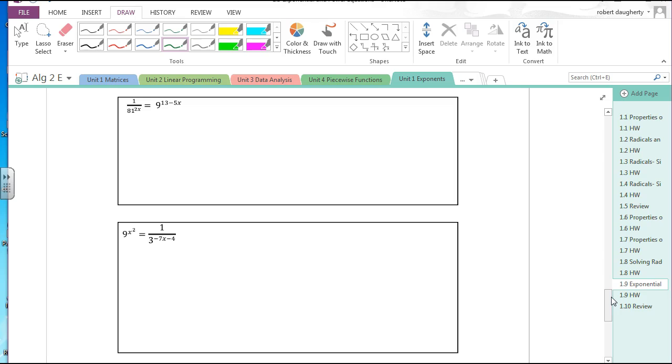Which one do you think I'm going to do? Powers of 9. So I'm going to write this as 1 over 9 squared to the 2x is equal to 9 to the 13 minus 5x. So this is 1 over 9 to the 4x equals 9 to the 13 minus 5x.